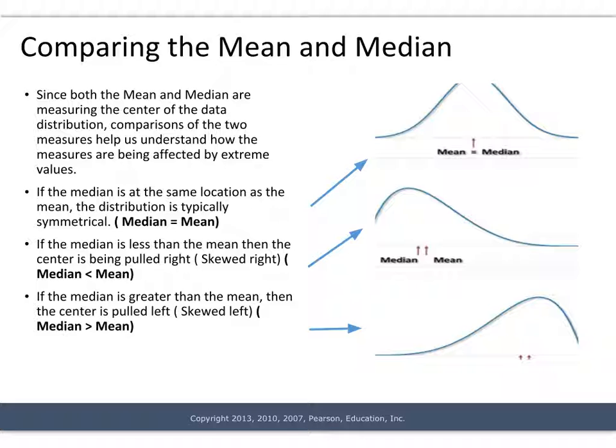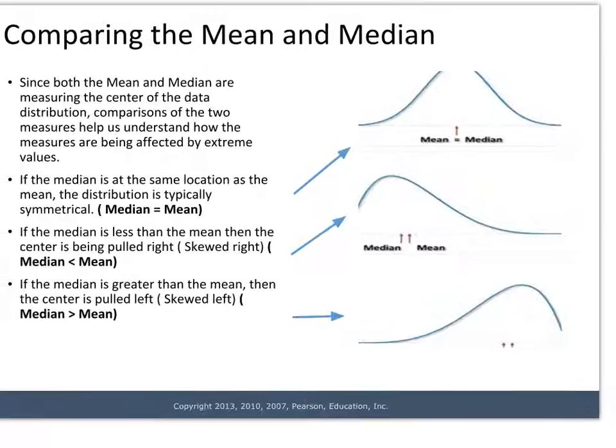Since both the mean and the median are measuring the center of the data distribution, comparison of the two measures helps us understand how measures are being affected by extreme values. For example, if the median is at the same location as the mean, the distribution is typically symmetrical, which we call almost normal.